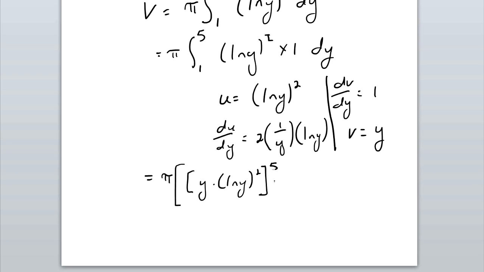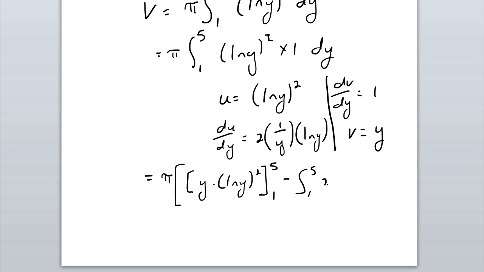Remember we were integrating with my upper and lower bound, minus the integral of, and let's write it out then, the integral, I still have my upper and lower bounds, of du dy times v.